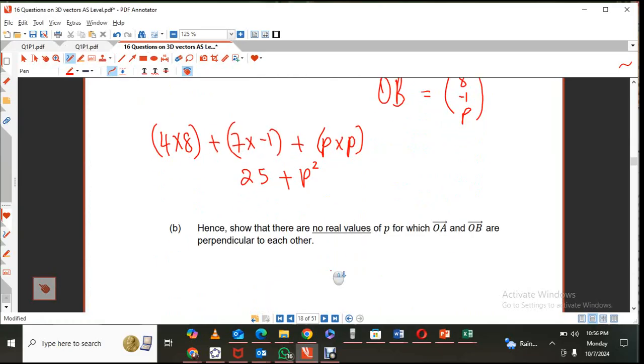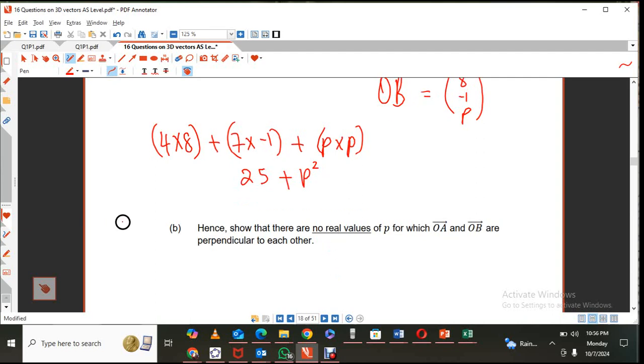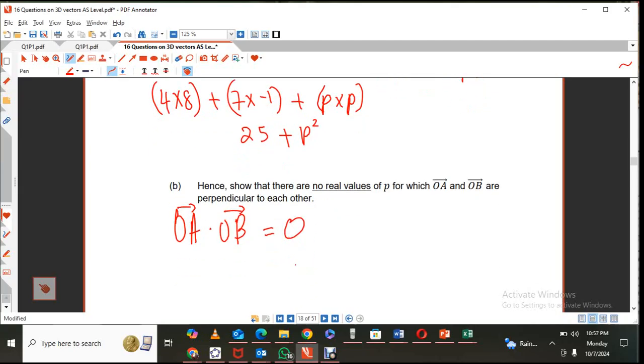Part B says, hence show that there are no real values of p for which OA and OB are perpendicular. So what we know is if two vectors are perpendicular, then their dot product should give you 0. Now what we have from our answer before, we have 25 plus p squared is equal to 0. This makes p squared equal to -25, and this is not possible because you can't take the square root of -25. So there are no real values for p.